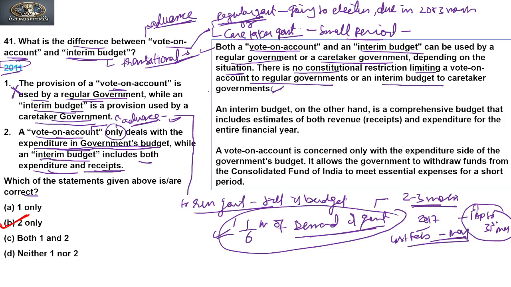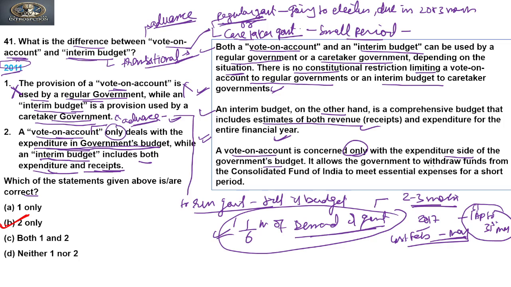So it can be used by both. Now, interim budget, on the other hand, is a comprehensive budget that includes estimates of both revenues and expenditure of the entire financial year. So, on the basis of this, the second is true, and the first is incorrect. Now, a vote on account is concerned only with the expenditure side of the government's budget.